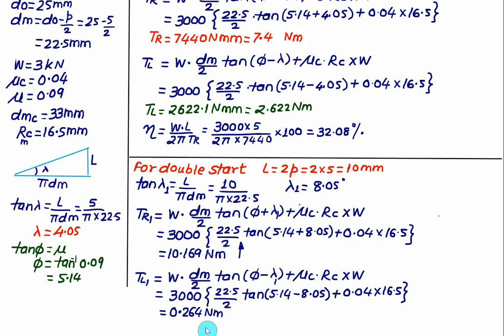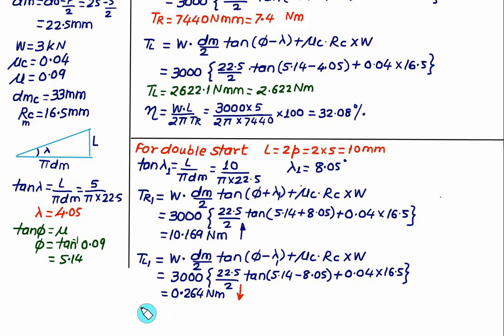Now, the torque required to lower the load in the case of single start is 2.62 Newton meter, and in this case the torque required to lower the load is 0.264, so that quantity decreases. And finally we can compare the efficiency also.